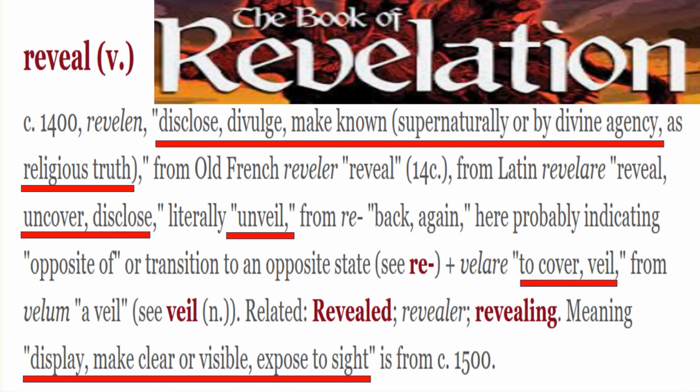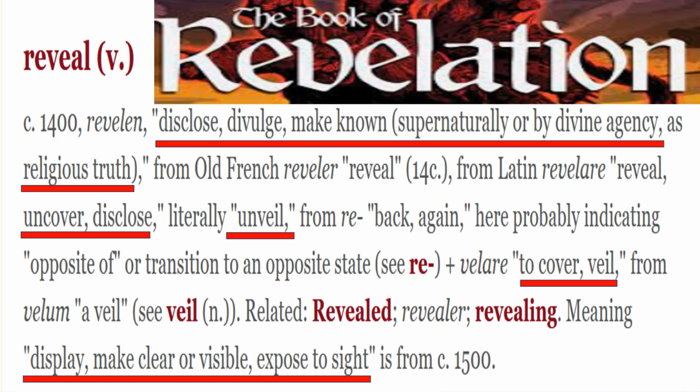Now, Lot is introduced in the first book of Scripture in the Old Testament, in the book known as Genesis. And when you look at this discussion of Lot being top, head, chief, and you also see Lot as cover and veiling, Lot is the antithesis of the last book in Scripture in the New Testament, known as the book of Revelation. And the book of Revelation is about revealing.